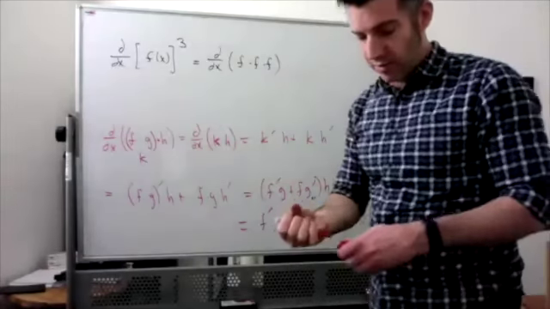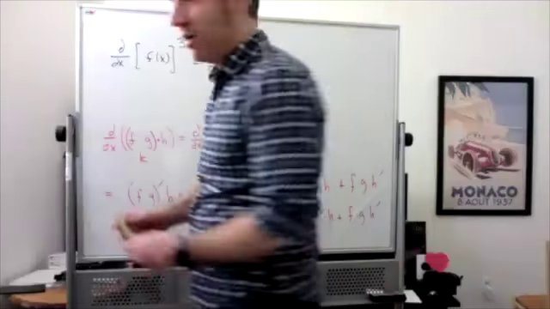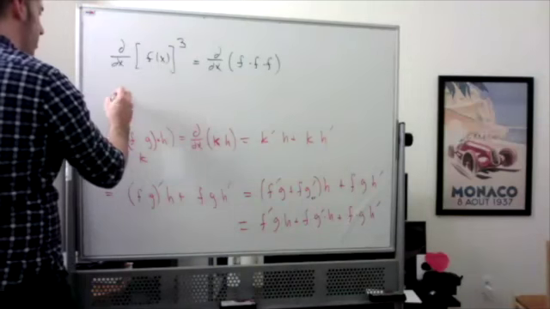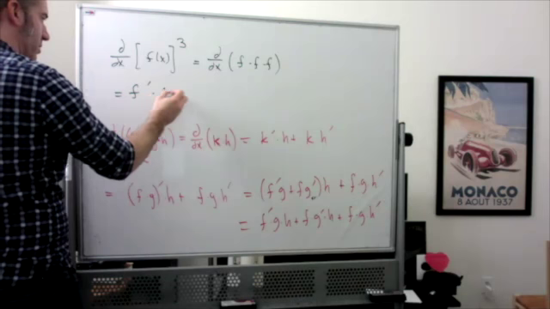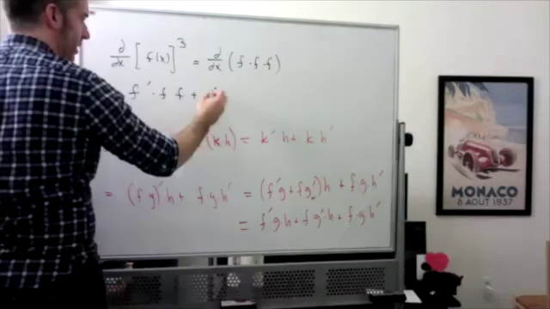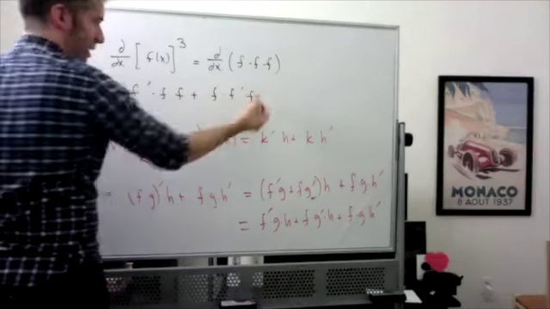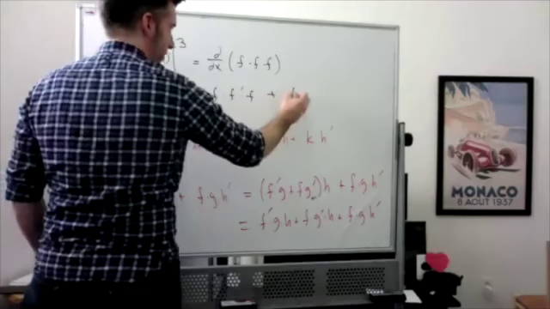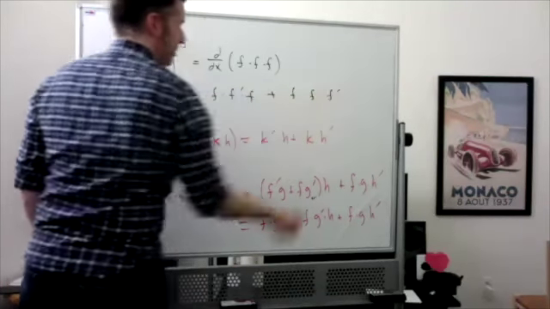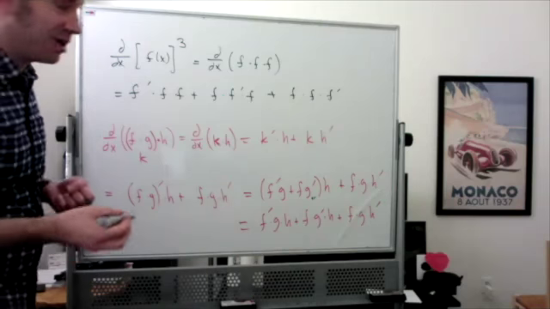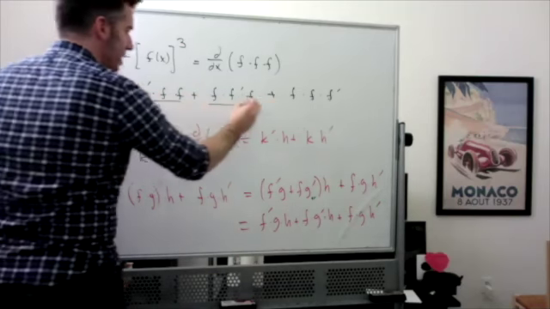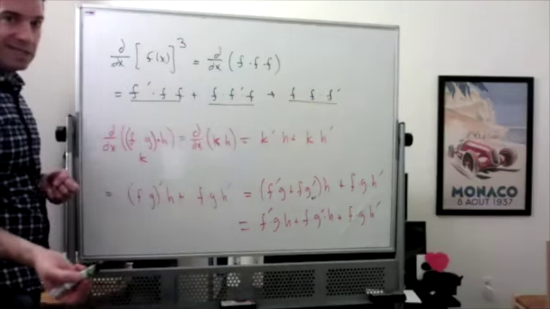If I want to find the derivative of f times f times f, well, it's going to be the derivative of the first thing times the other 2, plus the derivative of the second thing times the other 2, plus the derivative of the last thing times the other 2. But look, each of these things is the same.